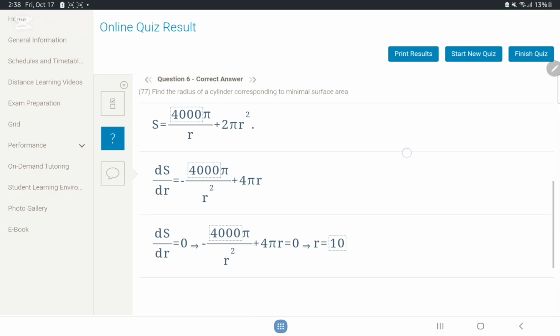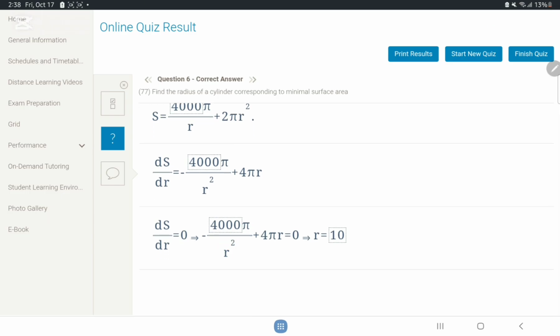Now they want you to make it equal to 0, okay? So basically 4 pi r minus 4000 pi over r squared is equal to 0, plus 4000 pi, add it on both sides and you will get that 4 pi r is equal to 4000 pi over r squared.